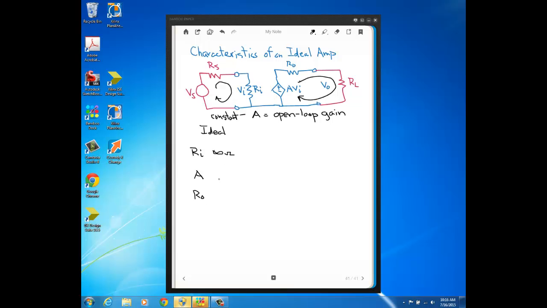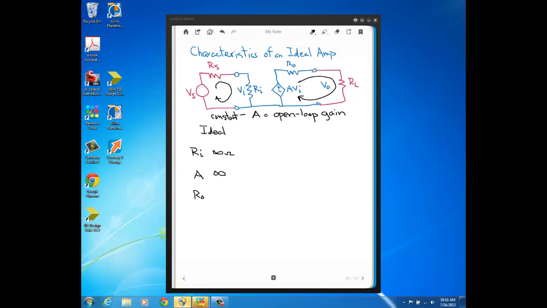Alright, well now let's look at this constant called open loop gain. As you can see, that's the other variable that determines the value of this dependent voltage source. So we would want to have the multiplication of two large numbers, right? We already made VI as large as it can be, VS, and we would want the open loop gain to also be as large as it possibly could be, which ideally would be infinity. Alright, so both these ideal values are infinity.